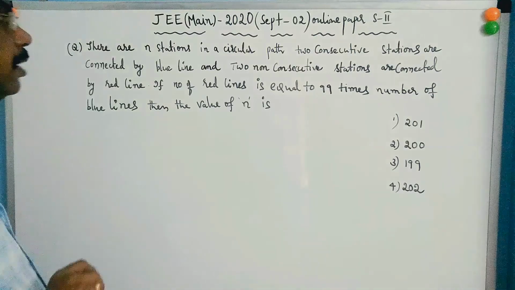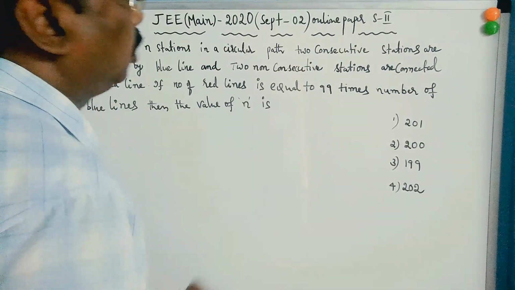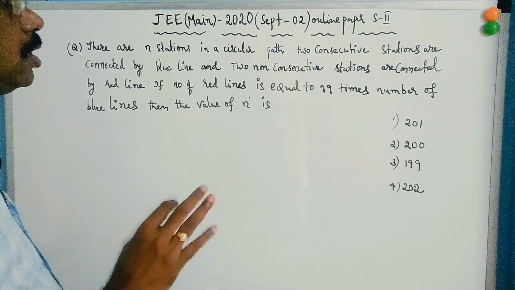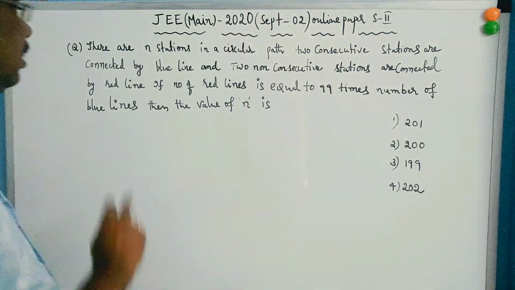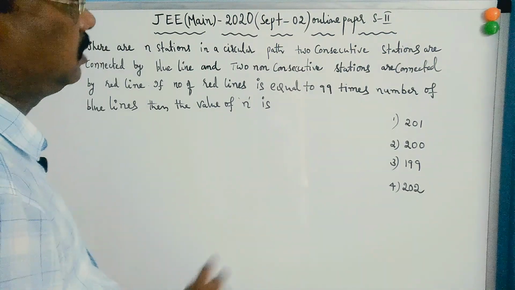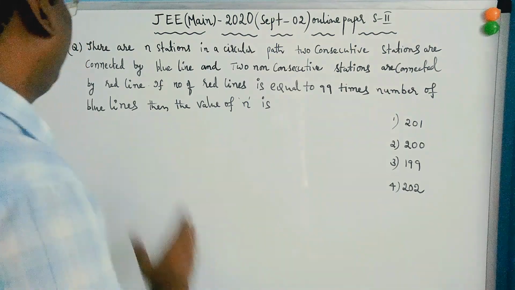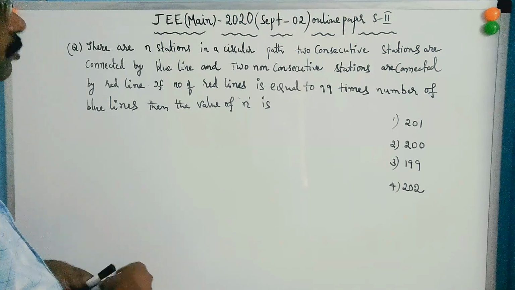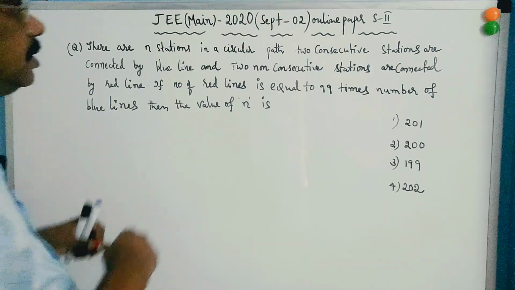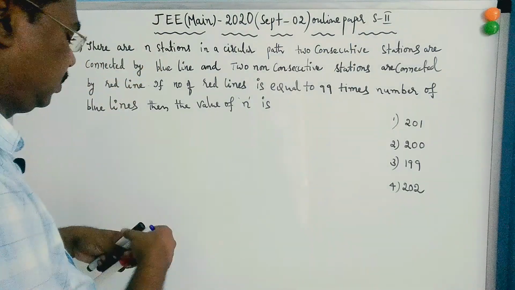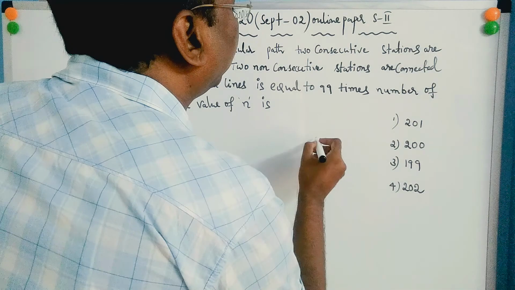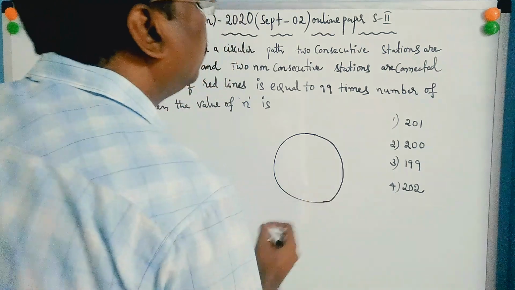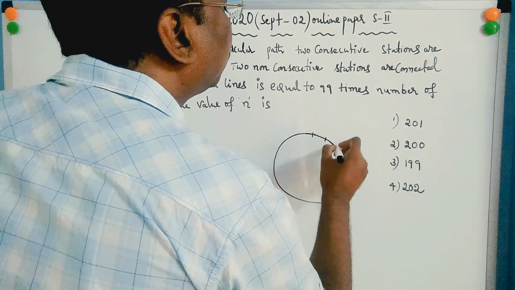Next one: there are n stations in a circular path. Two consecutive stations are connected by a blue line, and two non-consecutive stations are connected by a red line. If the number of red lines is equal to 99 times the number of blue lines, then the value of n is... Okay, now here n stations in a circular path.